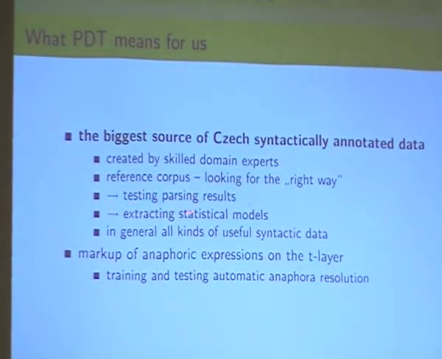We are, of course, using this for testing parsing results, for extracting some statistical models that we use in the parsers, and actually in general we use it for extraction of all kinds of useful syntactic data.